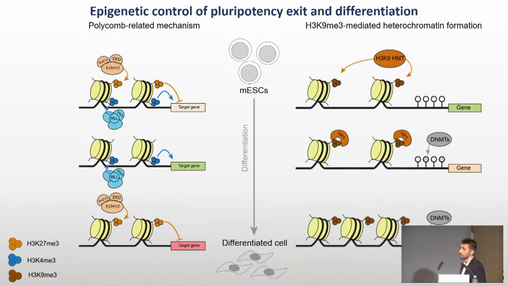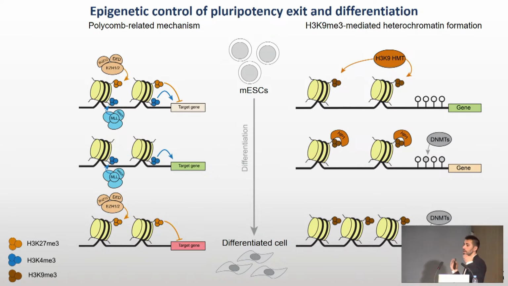On the other hand, another main mechanism involved in a successful differentiation is the formation of the heterochromatin mediated by lysine 9 trimethylation. Upon differentiation, this lysine 9 trimethylation is deposited on different pluripotency genes that at the end are going to cause a very stable silencing, because it is going to mediate the methylation at the DNA level of the promoters of the pluripotency genes.